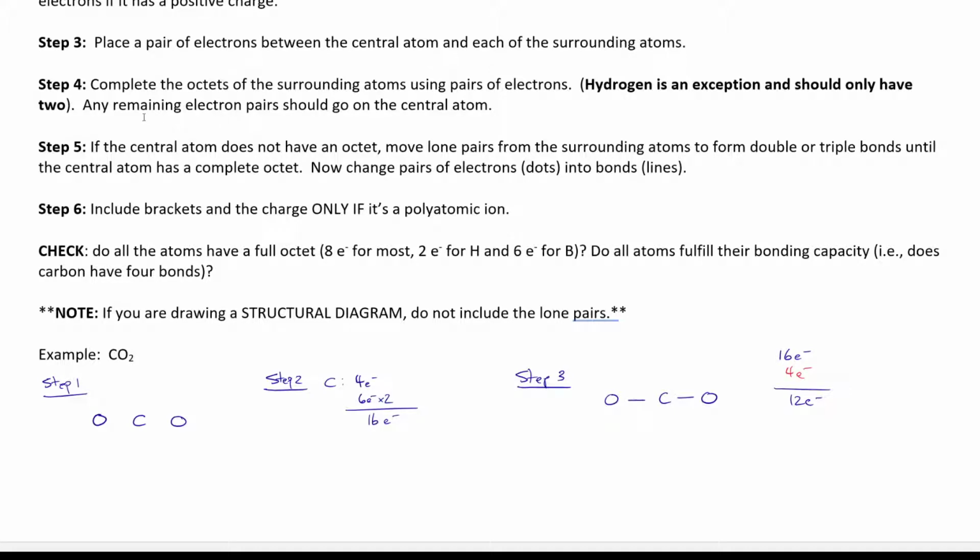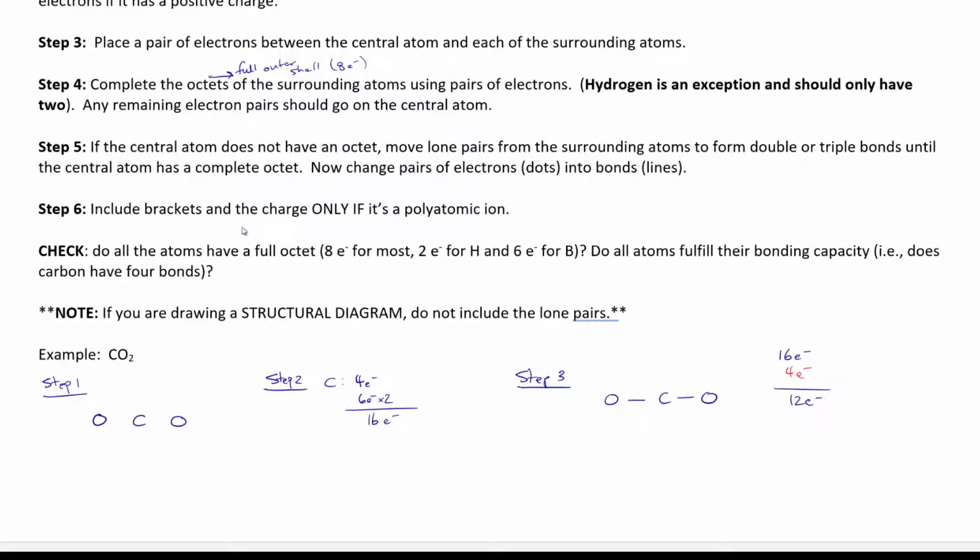Step 4. Complete the octets. Octets means just create a full outer shell, and typically that means 8 electrons. Sometimes it can mean 2, or sometimes in the case of boron it means something else, but complete the octets of the surrounding atoms.